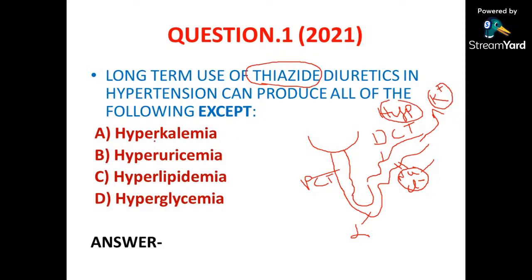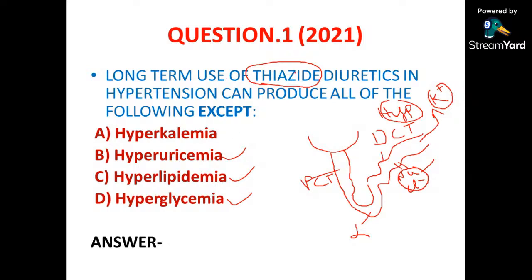So here the first point: thiazide diuretics cause hypokalemia, not hyperkalemia. And along with this, thiazide diuretics will cause hyperuricemia, hyperlipidemia, and hyperglycemia. These 3 points are very important, and I'll discuss them.